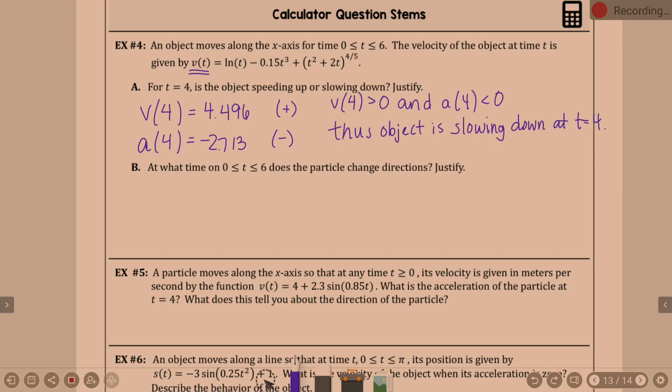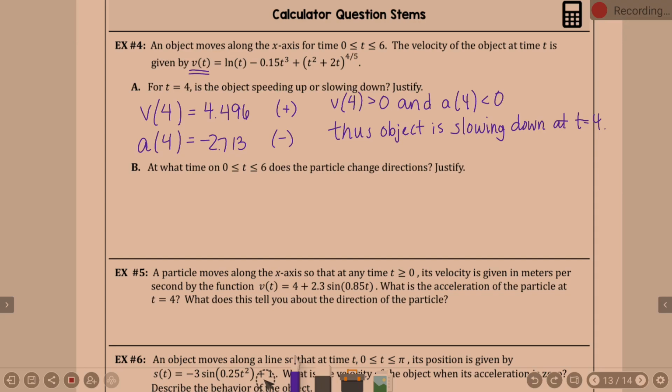Okay, B. At what time on the interval from 0 to 6 does the particle change directions? And justify. Are we able to graph this? Yeah, the equation. So, at what time does the particle change directions?